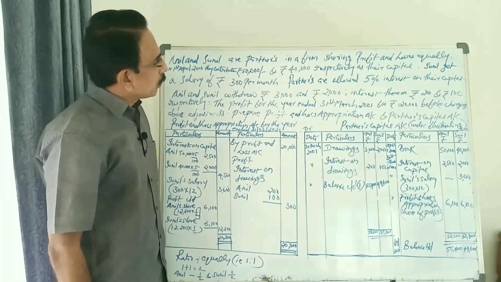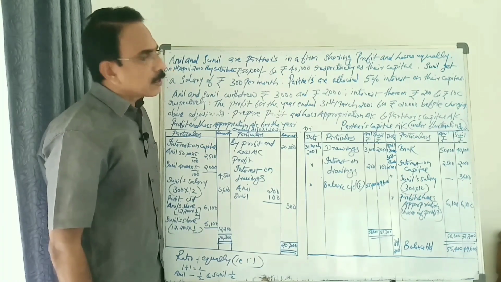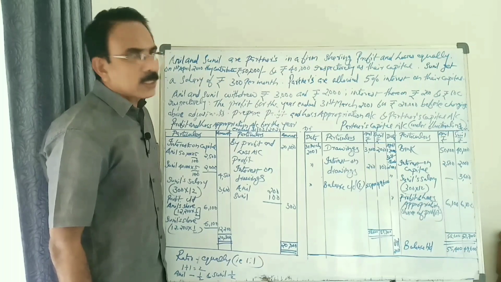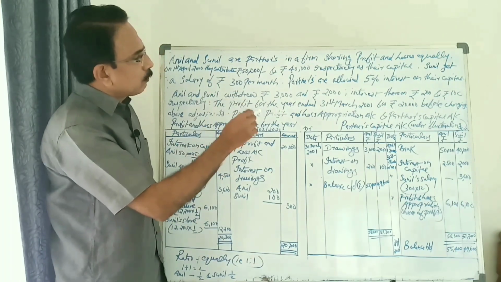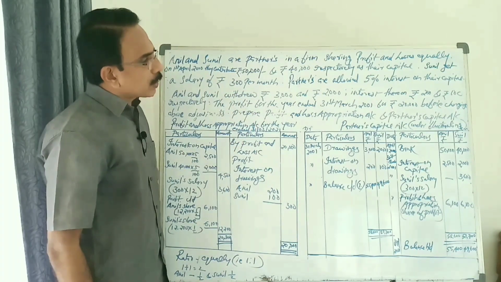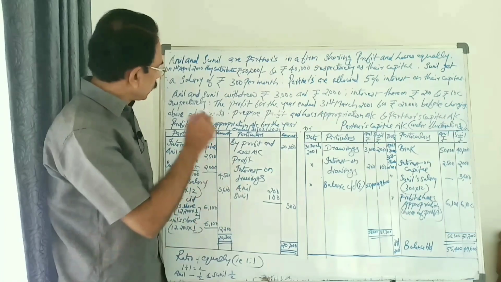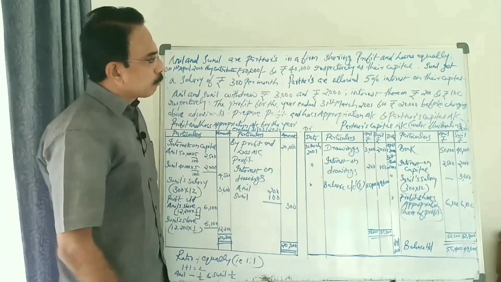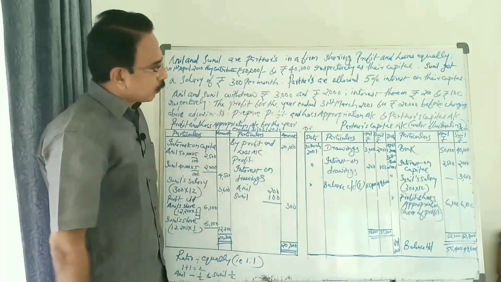Anil and Sunil withdrew rupees 3,000 and rupees 2,000. Interest on drawings was rupees 200 and rupees 100 respectively. The profit for the year ended 31st March 2001 was rupees 20,000 before charging the above adjustments. Prepare profit and loss appropriation account and partners' capital account.